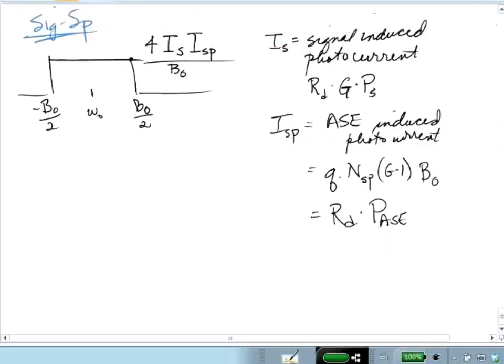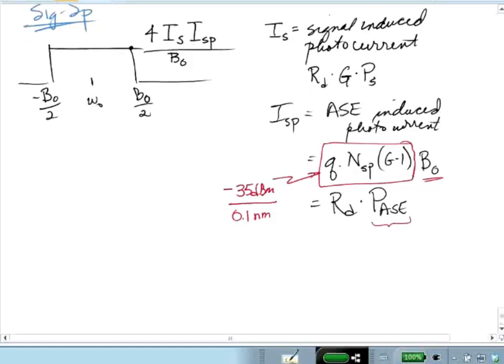In the homework, I should specify that this quantity altogether is taken to be minus 35 dBm per 0.1 nanometer. So this assumes that the ASE has essentially flat power spectral density, and it's multiplied by the bandwidth of the optical signal. You could also consider this to just be the power of the ASE as it comes out of the filter. So it comes out to be the same characterization.